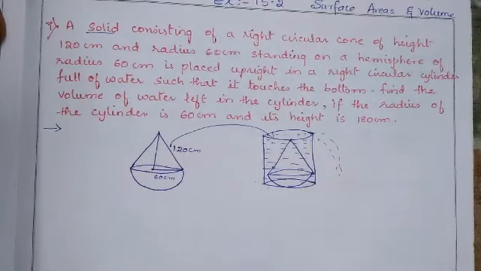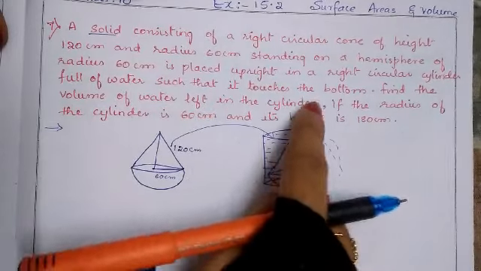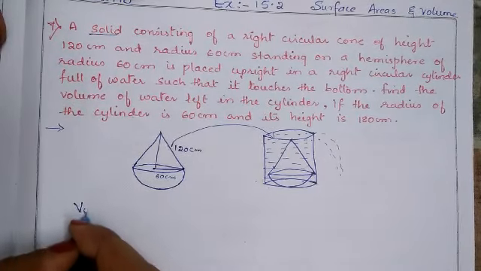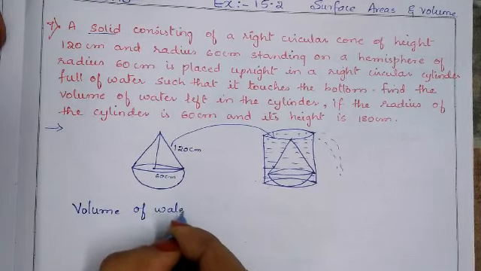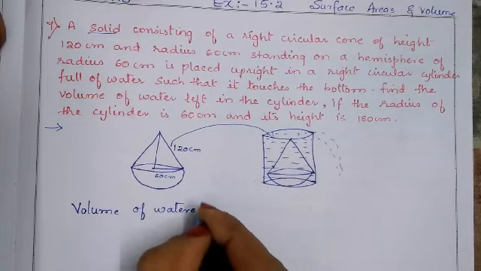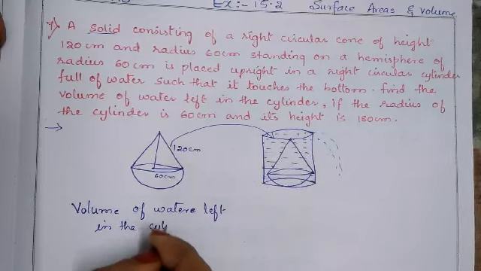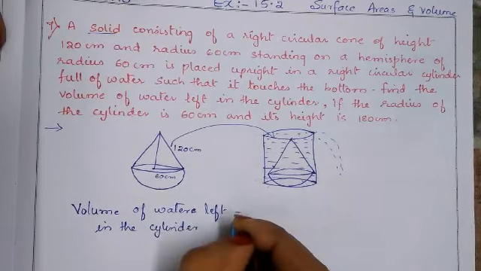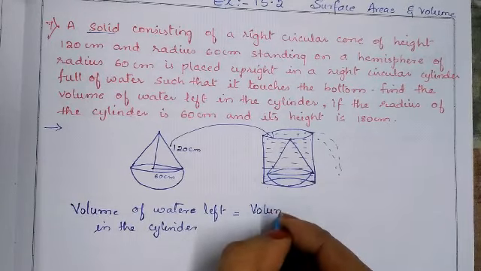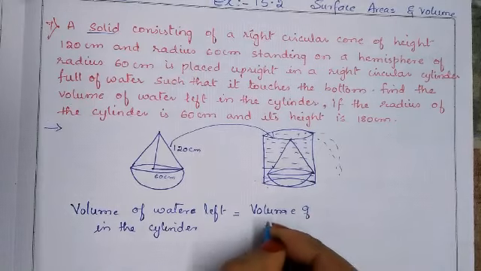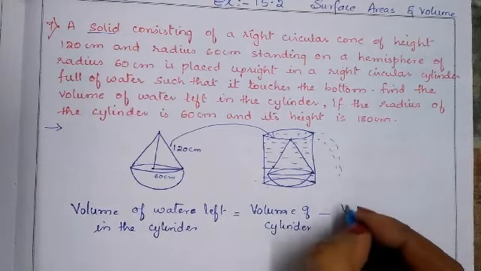So let us start writing now. Find the volume of water left in the cylinder. Volume of water left in the cylinder is equal to, nothing but, volume of the full cylinder minus volume of solid.